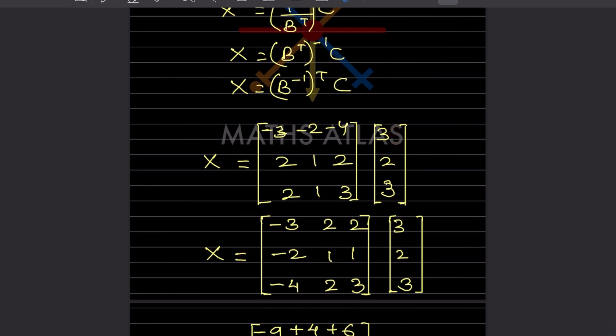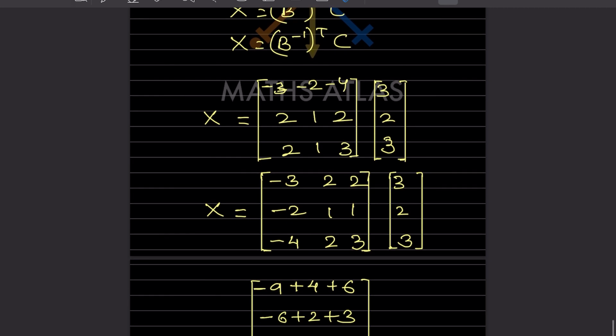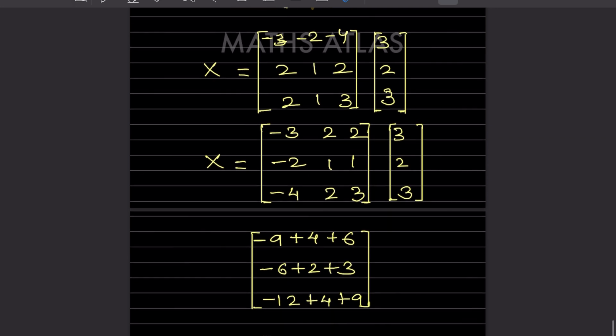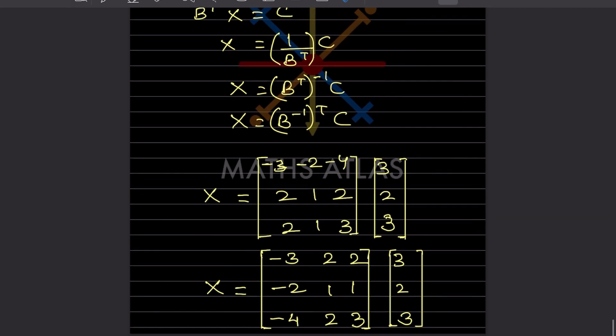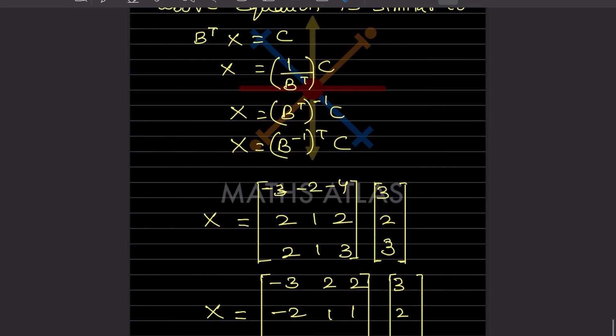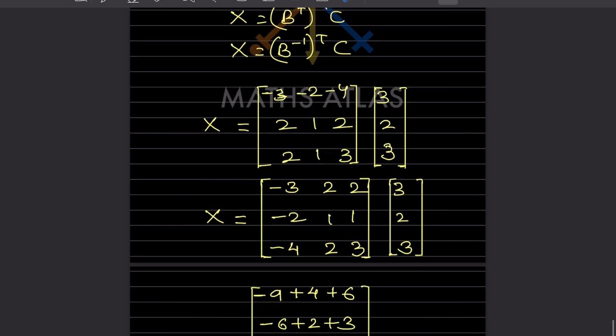So now look at here. X is here. When you solve this one, what are you going to get? Here will be minus 9. Actually this is the B inverse, but we want the transpose of this. So this is what we have done, this is the transpose of it.